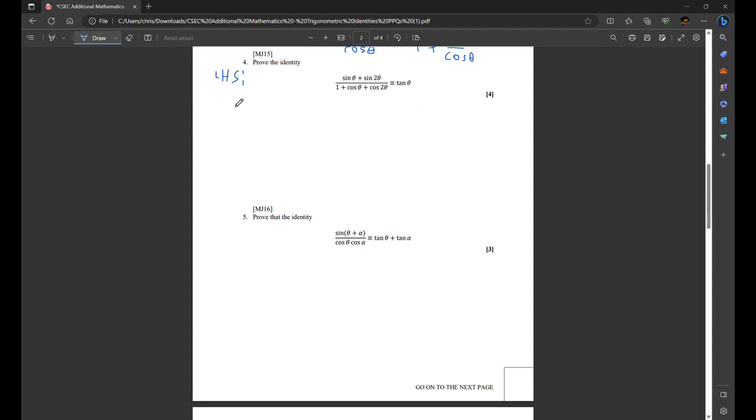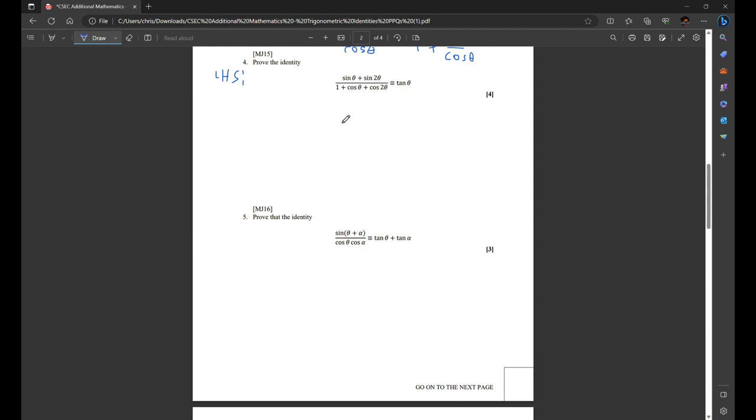So what do we have? We have sine theta plus sine 2 theta on the numerator, and 1 plus cos theta plus cos 2 theta on the denominator. The first thing I'm noticing here is that I can rewrite both sine 2 theta and cos 2 theta in terms of just sine theta and cos theta.